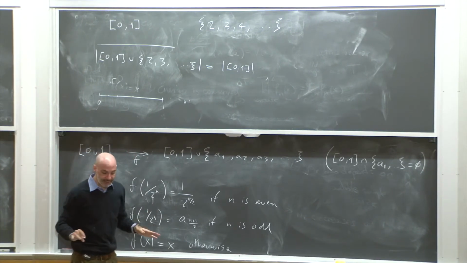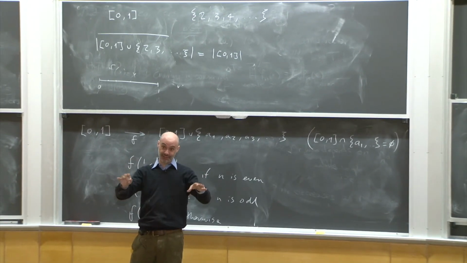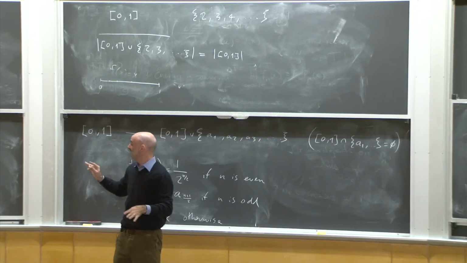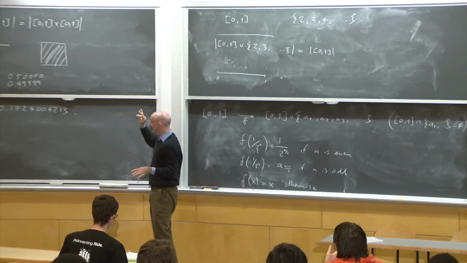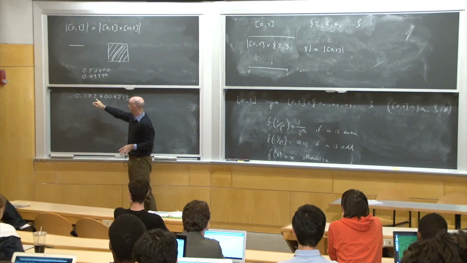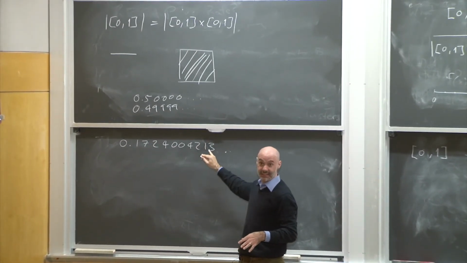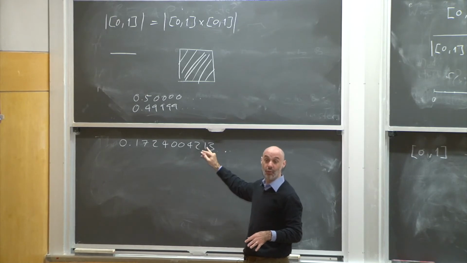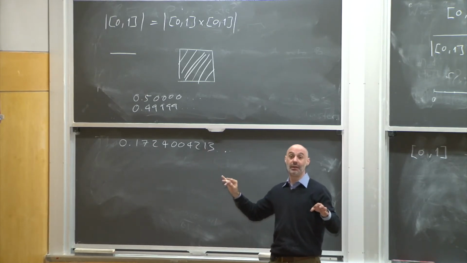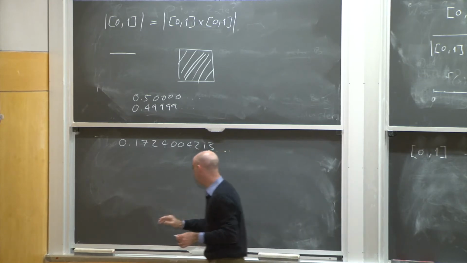OK, so what I invite you to do is to forget about the complication that I just mentioned and just think that what we're showing is that the set of sequences of this kind is in one-to-one correspondence with the set of pairs of sequences of that kind. So I'm going to write that out.